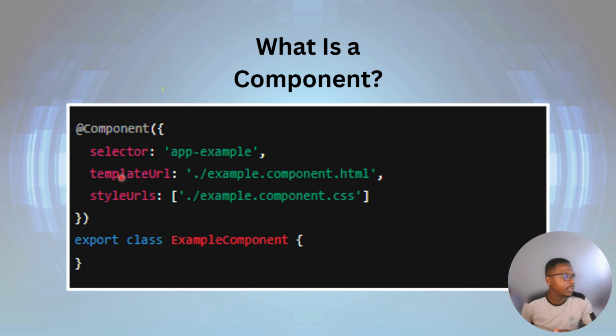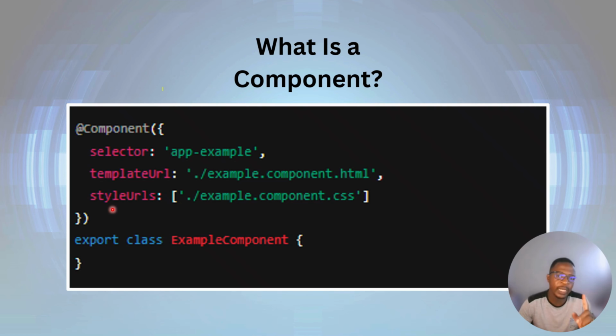The other thing that it also provides is the templateUrl. This determines what HTML masterpiece your component will showcase. The other thing that it also provides is the styles or styleUrl. This decides what your component is going to look like on the screen, or this determines the visual appearance of your component.